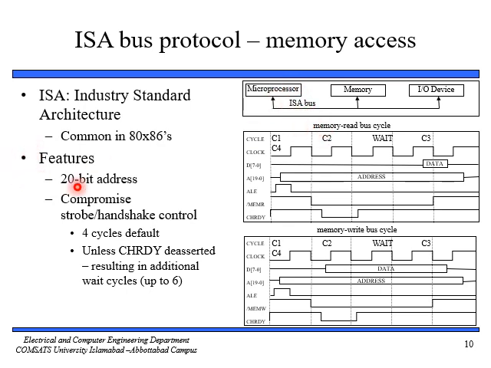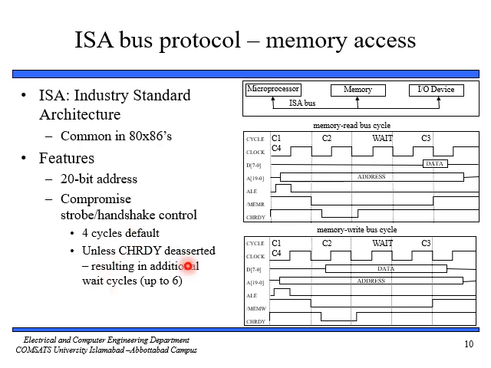It features a 20-bit address and it uses the strobe/handshake control protocol, so it's a compromise strobe/handshake protocol. It has 4 cycles by default, as you can see here: C1, C2, C3 and C4 after C3.